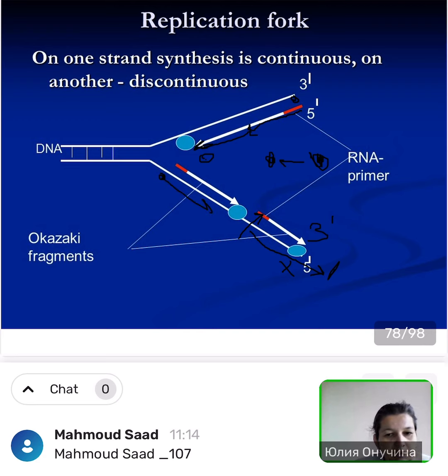So this strand will be leading because this process is beginning from 5' to 3'. Do you understand about this?